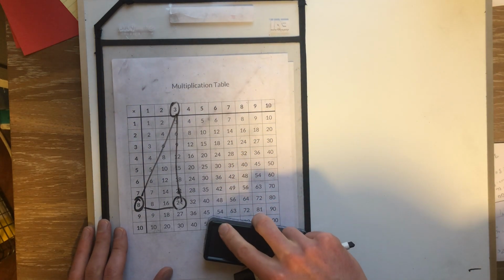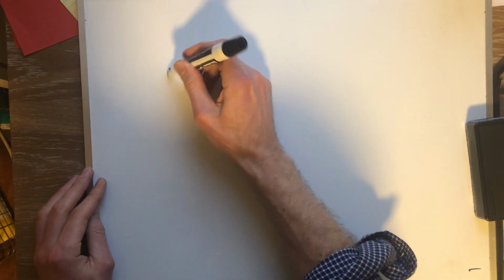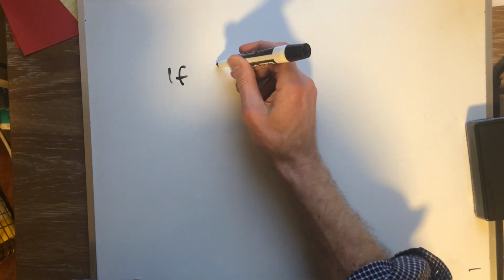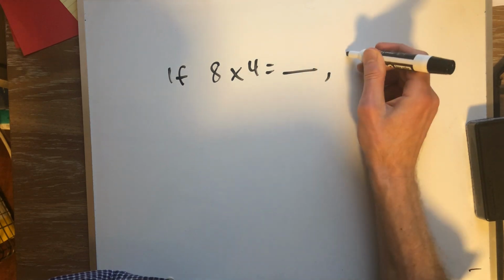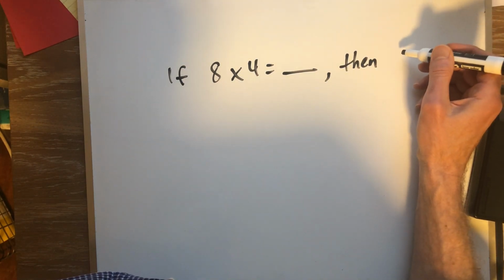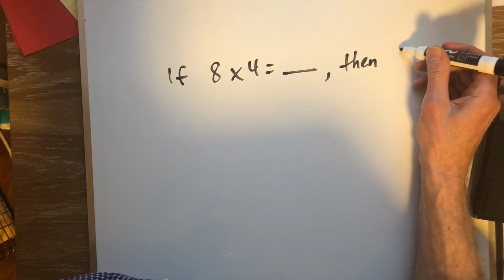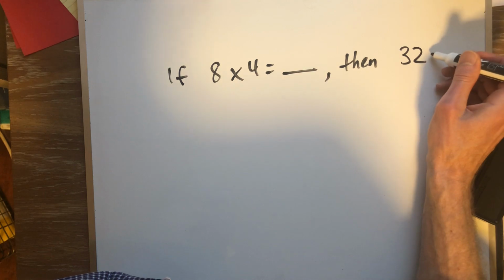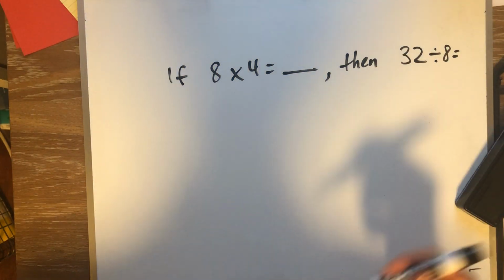So you might see some problems like this on the assignment today, and hopefully it's just review for you. So I might say something like, if 8 times 4 equals blank, then 32 divided by 8 equals, so in that case I just gave you the three numbers.